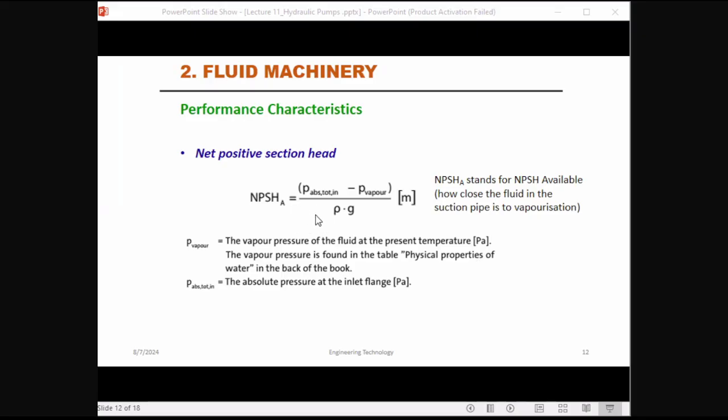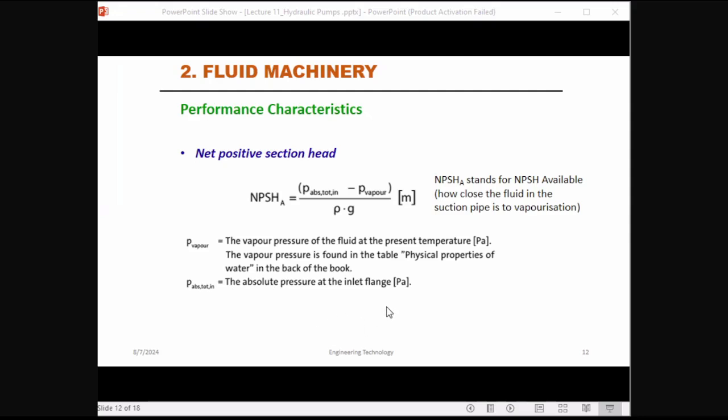This absolute pressure at an inlet flange is the pressure exerted by the fluid as it enters the pump.